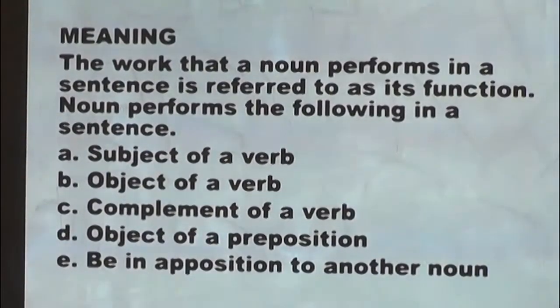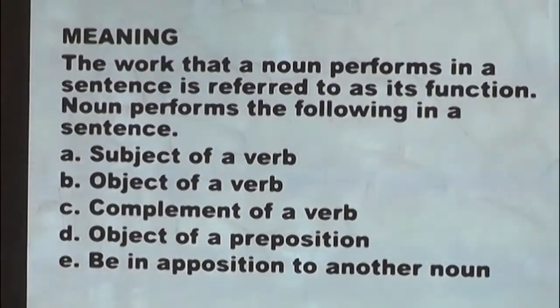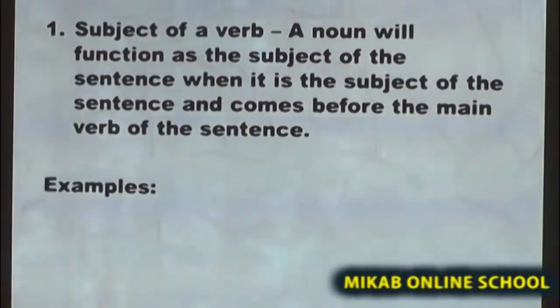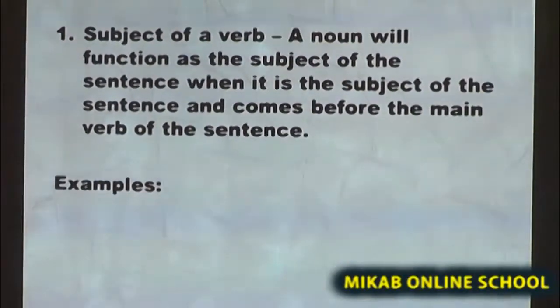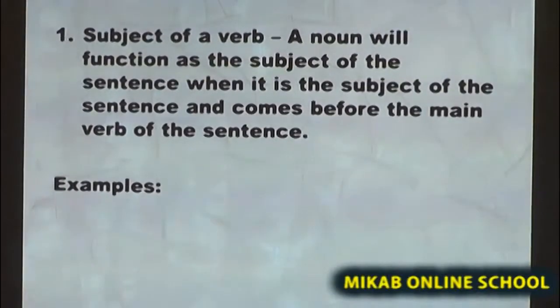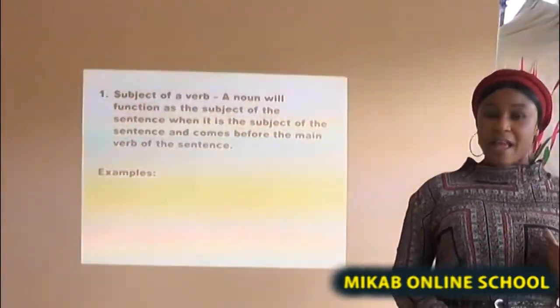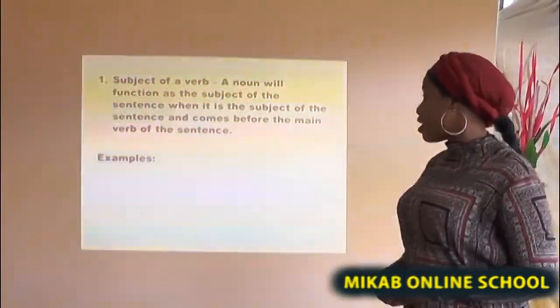Having known all these functions of noun, we shall be taking them one after the other. Let us see how it functions as the subject of a verb, as an object of a verb, as a complement of a verb, and as an object of a preposition. And how can a noun be in apposition to another noun?